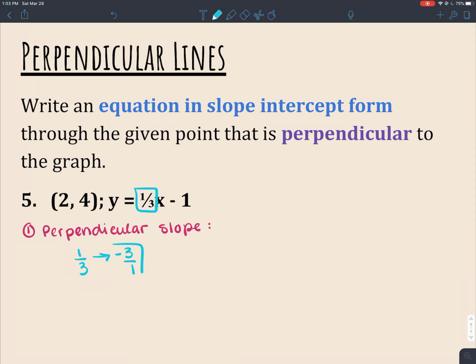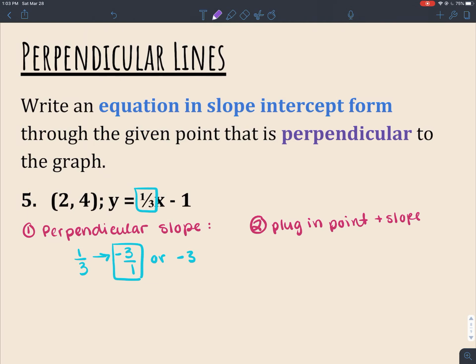So my perpendicular slope is -3/1, or just -3. The second step is the same exact thing that we did before with parallel lines. We want to plug in our point and slope into point-slope form.